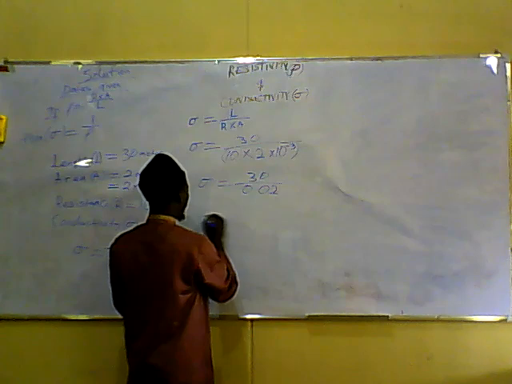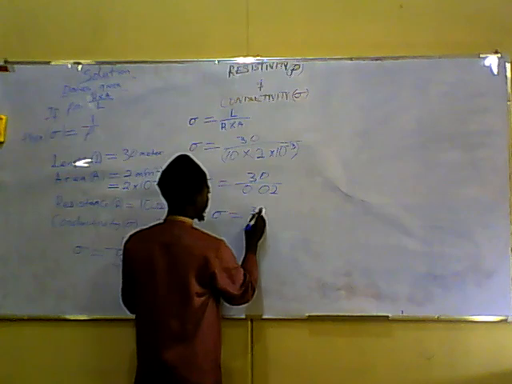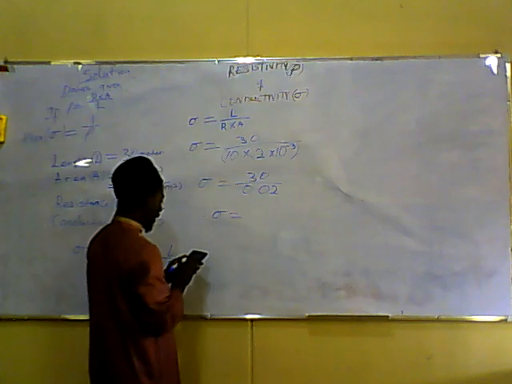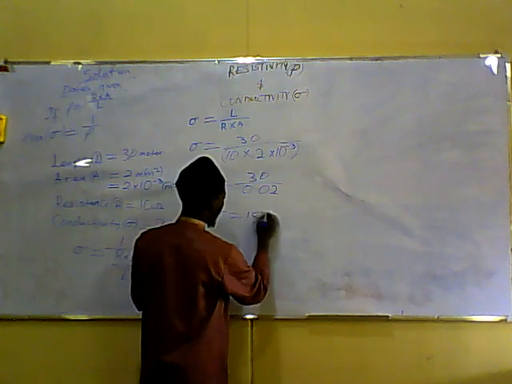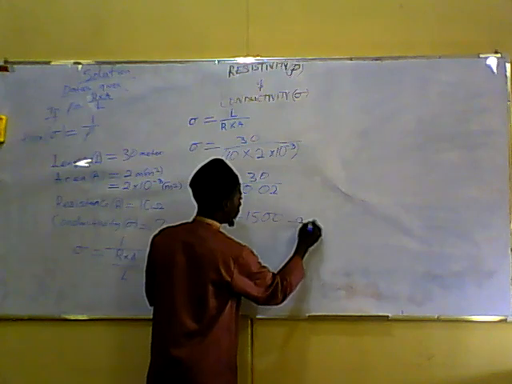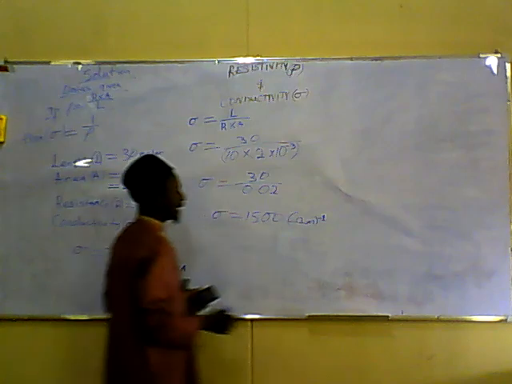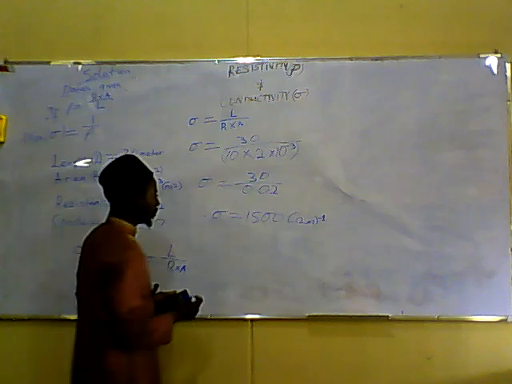So therefore, conductivity will be equal to 30 divided by 0.02, which will be 1,500 ohm per meter. The unit of measurement for conductivity is either Siemens or ohm per meter.